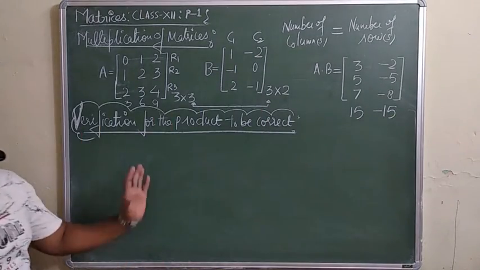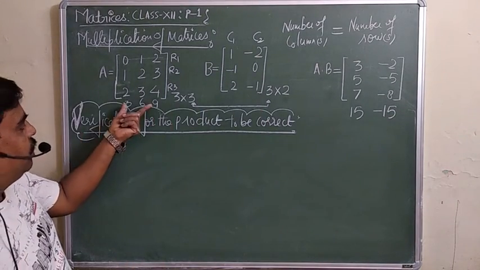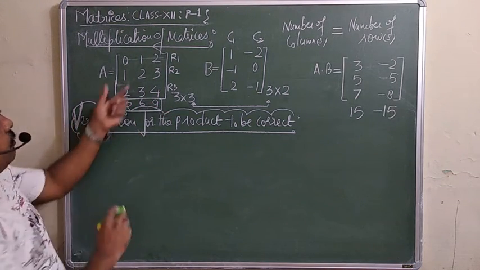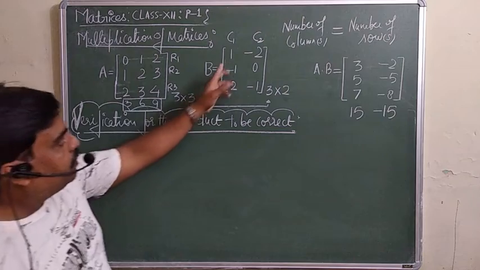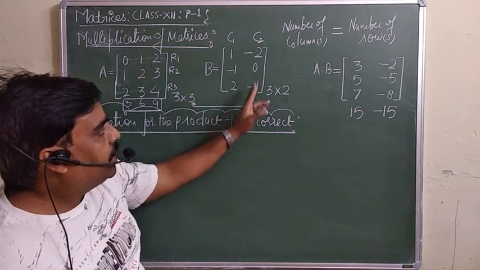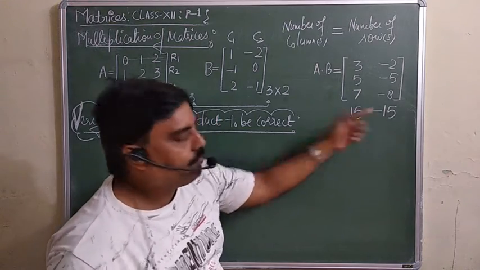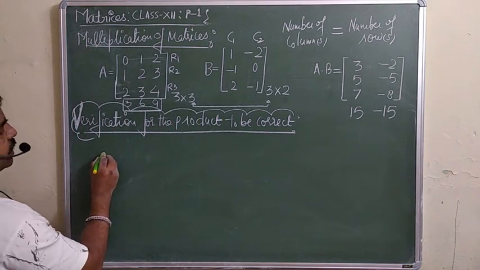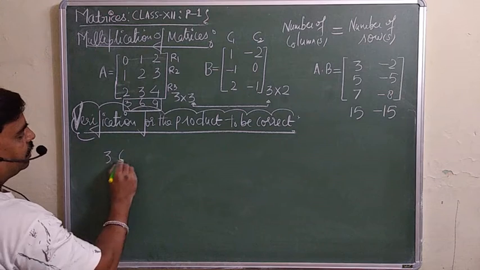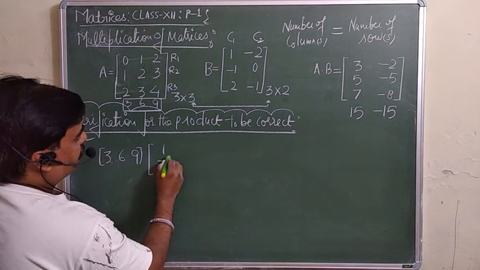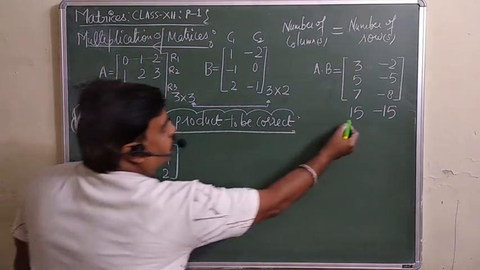Now you want to check. Whatever sum you are getting here, the sum of the digits, is multiplied with the first column as well as the second column. If the results come to 15 and minus 15, then you can say your answer is correct. This means 3, 6, 9 must be multiplied with 1, minus 1, 2, and it should come equal to plus 15.